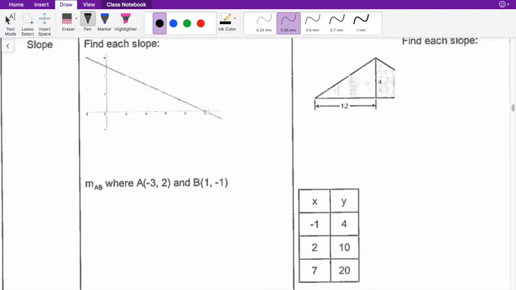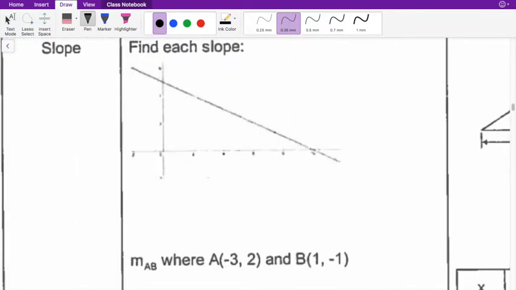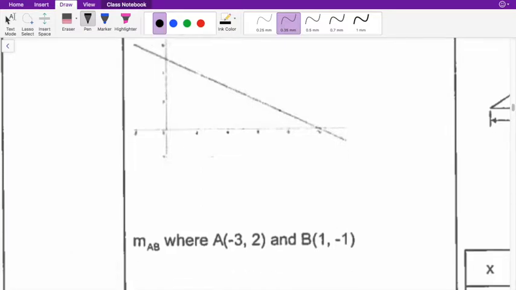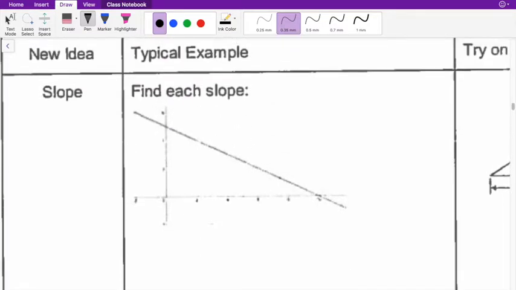Now we're looking at slope here. Zoom in some more. So we need to find the slope of this, right? So slope of these two things. Let's assume here, since it's kind of foggy, we are going to go up here.